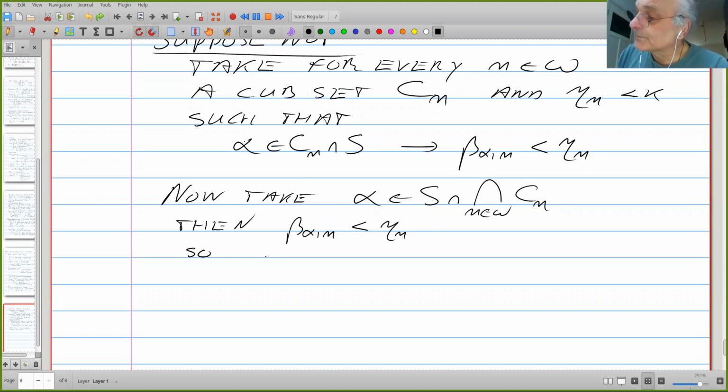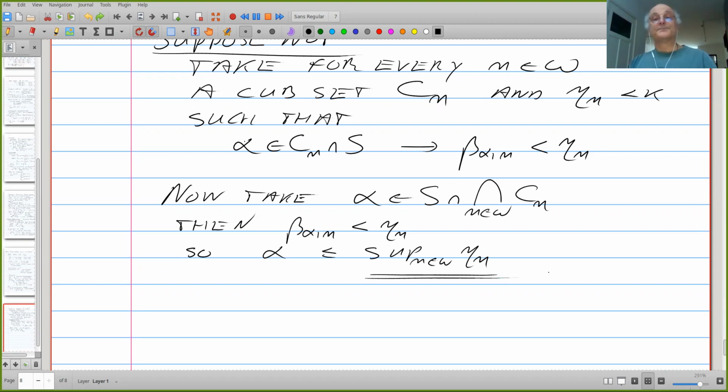So alpha is less than or equal to the supremum of the eta n's, because alpha is the supremum of the beta alpha n's, and each individual beta alpha n is less than each individual eta n for the corresponding n.